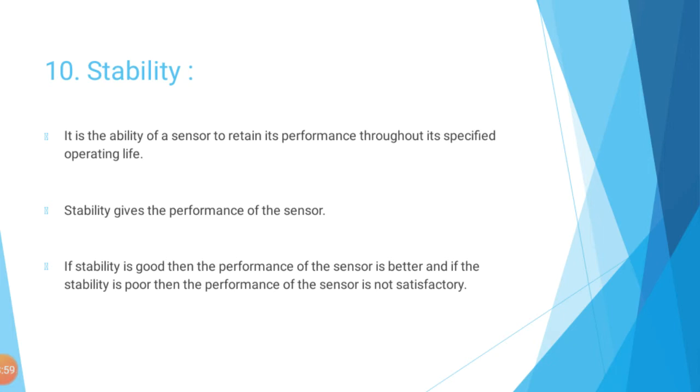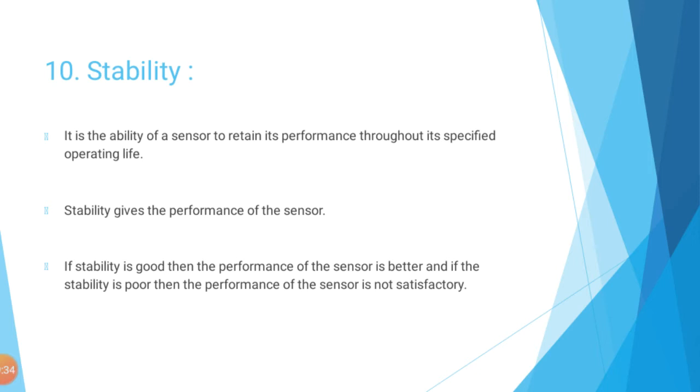Now the next characteristic is the stability. It is the ability of a sensor to retain its performance throughout its specified operating life. That means if we measure a particular physical quantity with a particular sensor, the sensor will give some output now, and if we perform the same measurement after some days or after some months, the sensor should give the same value.